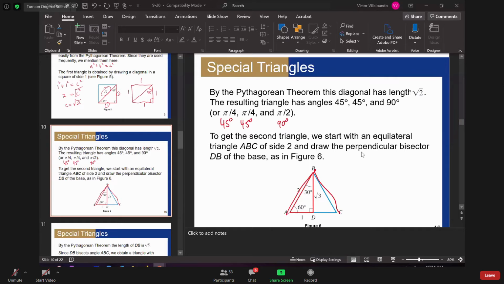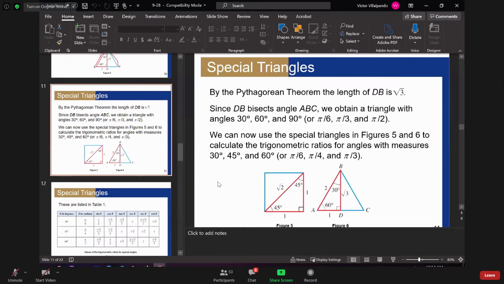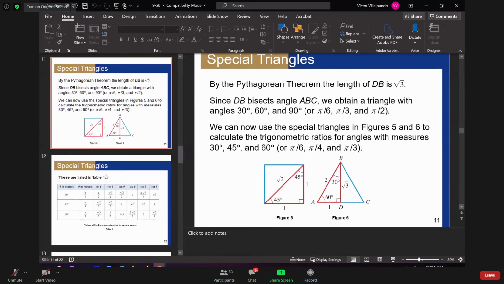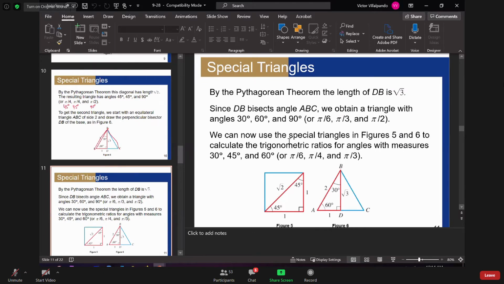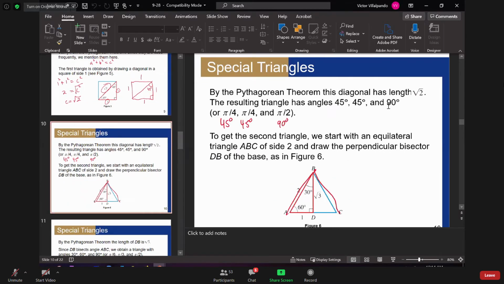All right, so going to our second special triangle. Here we're wrapping up the first triangle, 45, 45, 90. Again, in radians, it's pi over 4, and pi over 2.